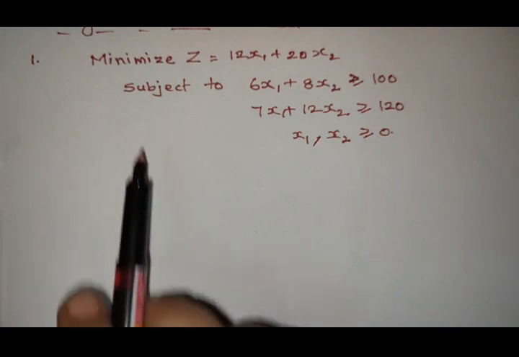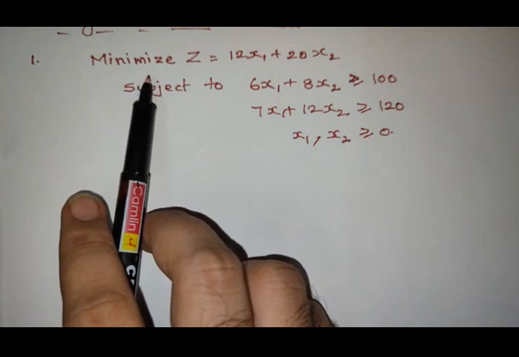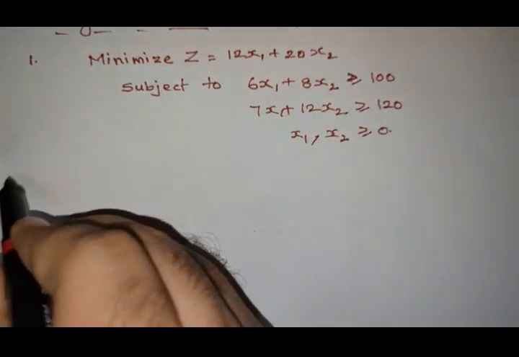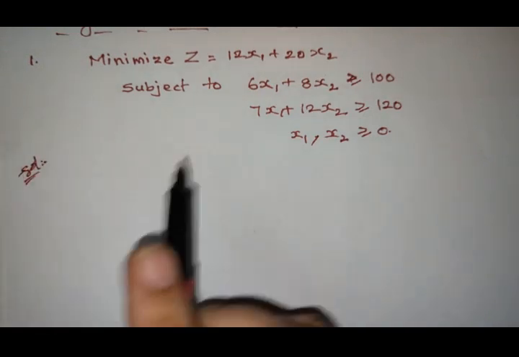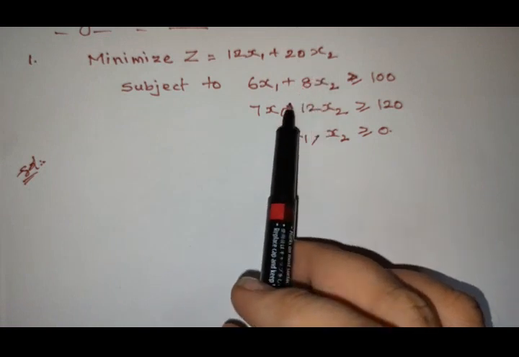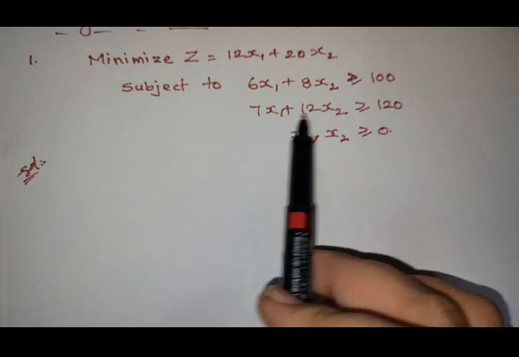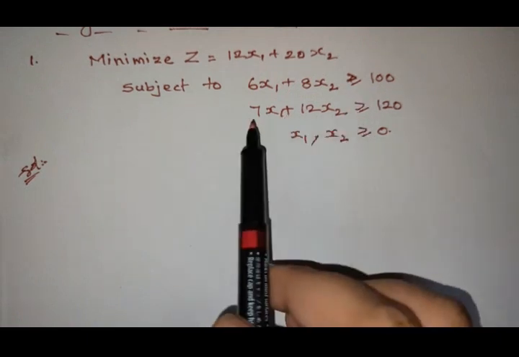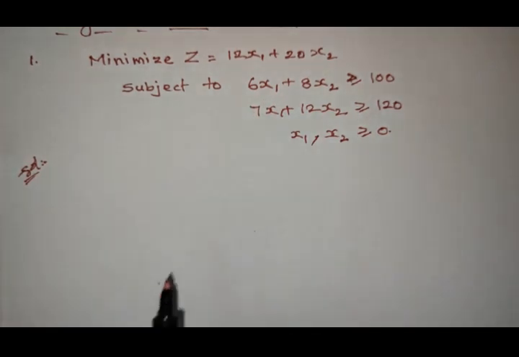Here the minimization type of objective function is given. Now let us see the solution. The decision variables are x1, x2, and there are two constraints, both of greater than or equals to type. Now let us solve this problem.